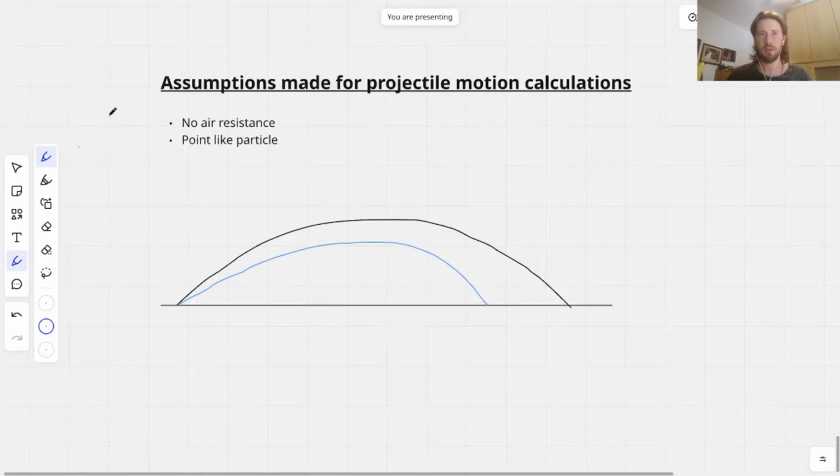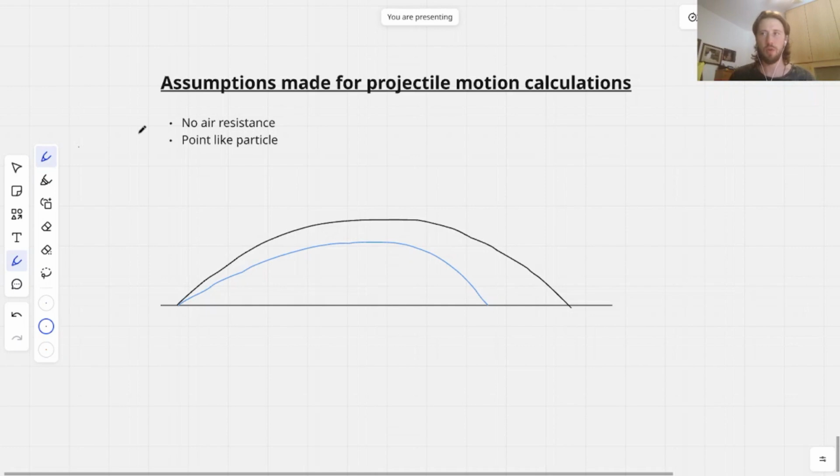Now, the last thing that you need to know about projectile motions, and this is usually a 1 marker that's asked at the end of some calculations, is state any assumptions that you've made. And what we've not talked about is that we're basically assuming there's no air resistance. And the reason that we're assuming there's no air resistance is because our horizontal component is not changing, right? It's just a constant velocity.